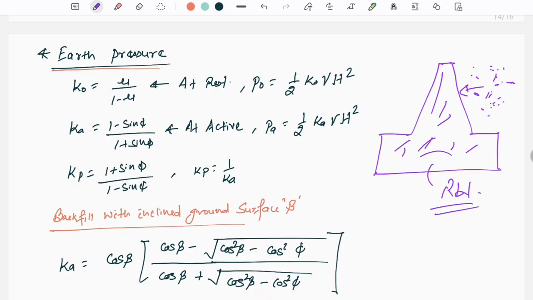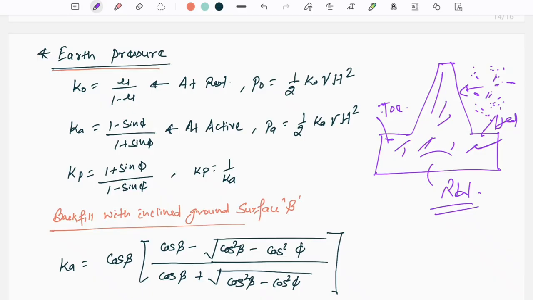This portion is called the heel, and this portion is called the toe. Where the material is filled, that portion is the heel. The opposite is the toe. When we discuss RCC and design of RCC structures, then we will tell you in detail about the stability conditions of this retaining wall.